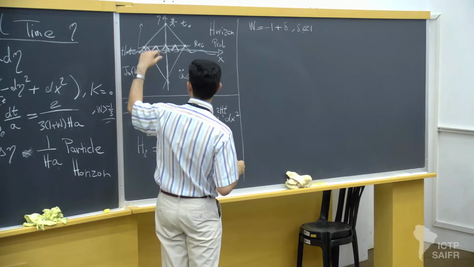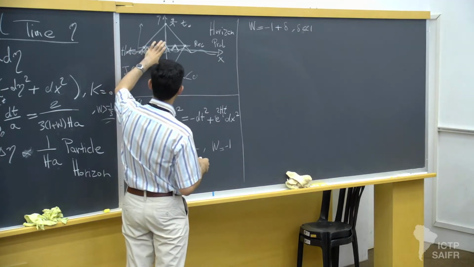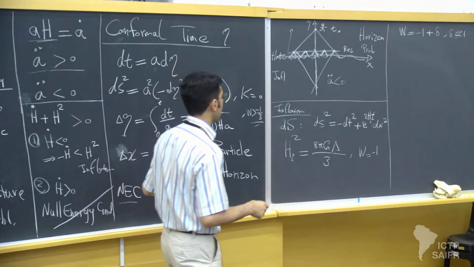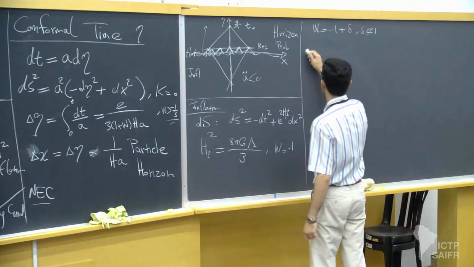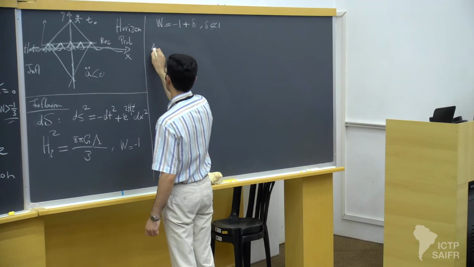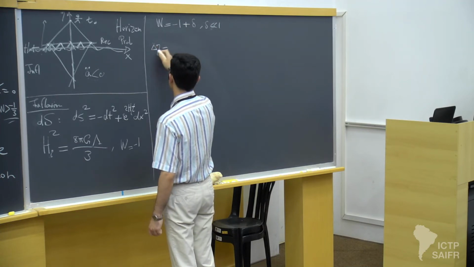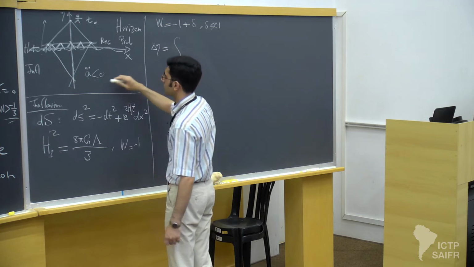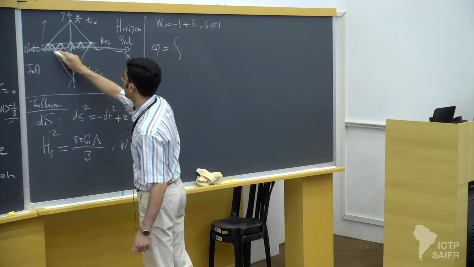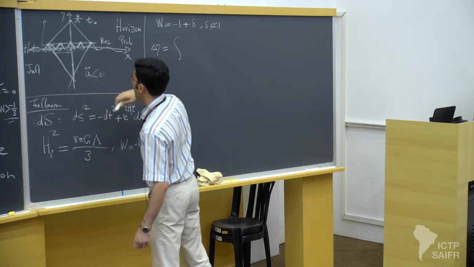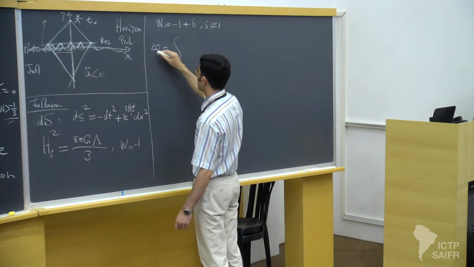Now what we can do is calculate this quantity, for instance eta, or this particle horizon during inflation, or the change of eta, which, as we saw, tells us how much distance we can see.